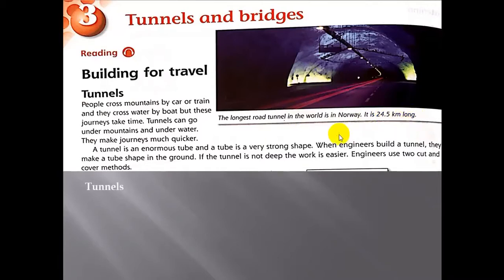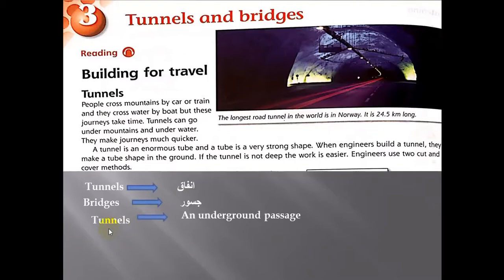Okay? So, what's the meaning of tunnels? أنفاق. What's the meaning of bridges? جسور. Tunnels. The English meaning of tunnels: an underground passage.